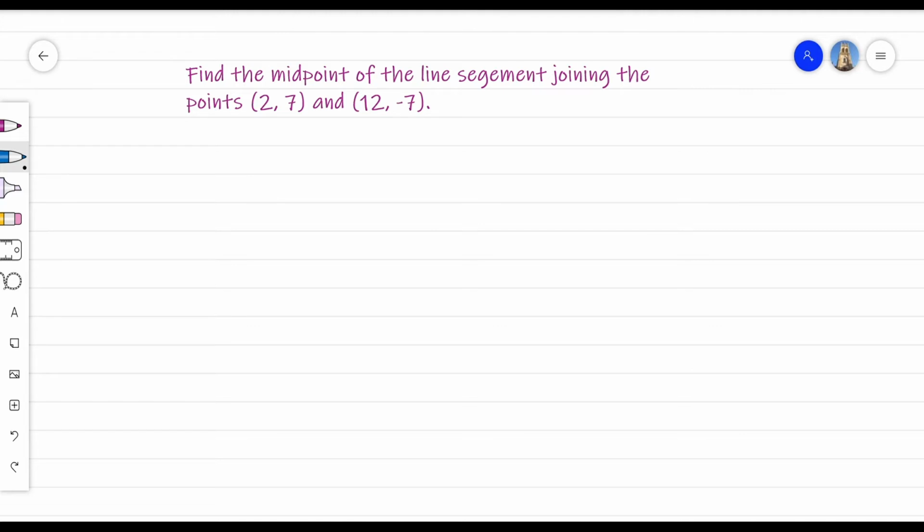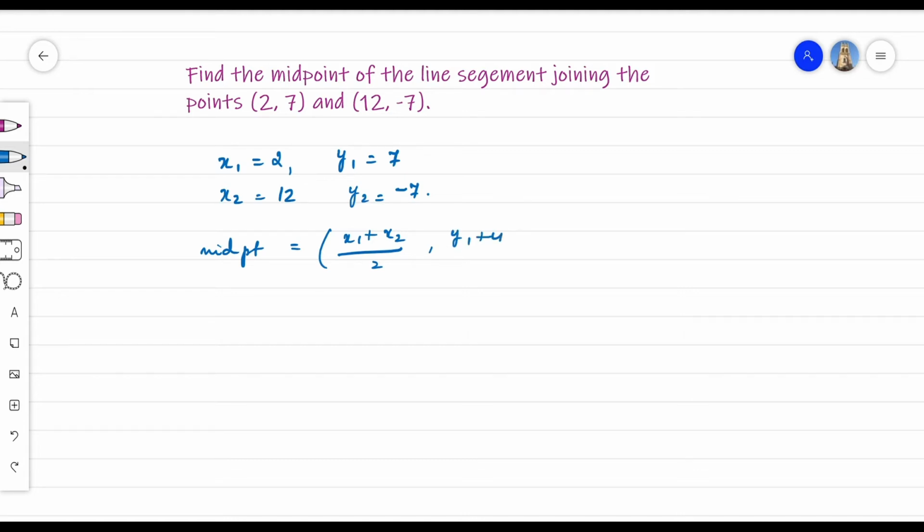Find the midpoint of the line segment joining the points (2, 7) and (12, minus 7). x1 is equal to 2, y1 is equal to 7, x2 is equal to 12, y2 is equal to minus 7. Midpoint formula is equal to (x1 plus x2 by 2, comma y1 plus y2 by 2).